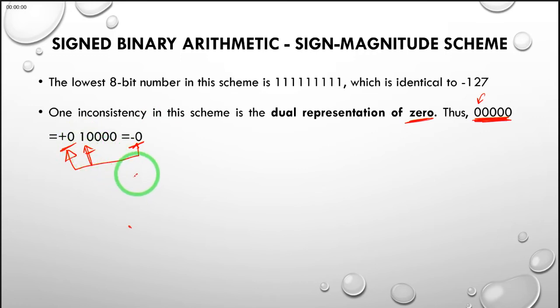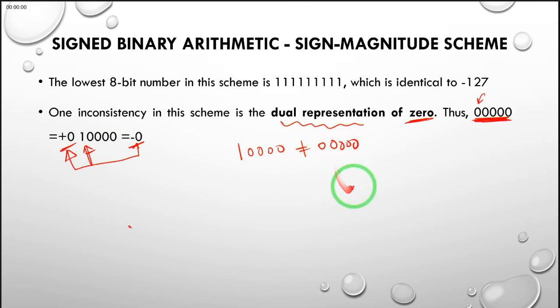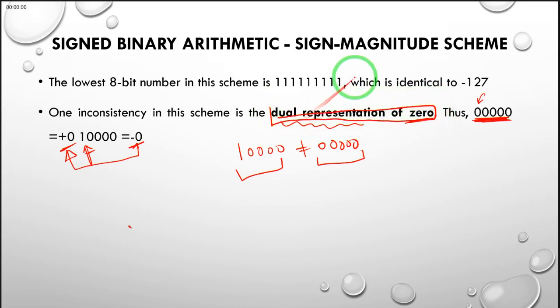Therefore we have a dual representation of zero, because when you find 1 0 0 0 0, you cannot say that it equals 0 0 0 0 0, because these two things mean different things. This dual representation is not preferable when you use the signed magnitude scheme.